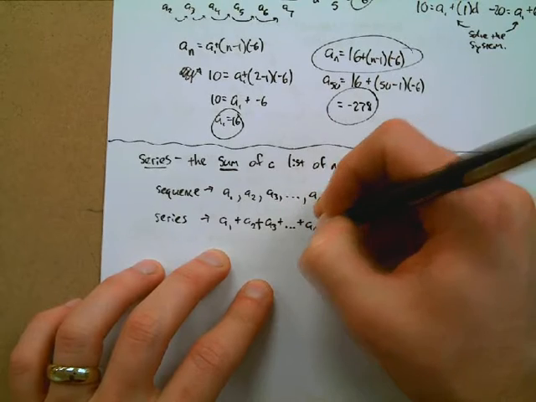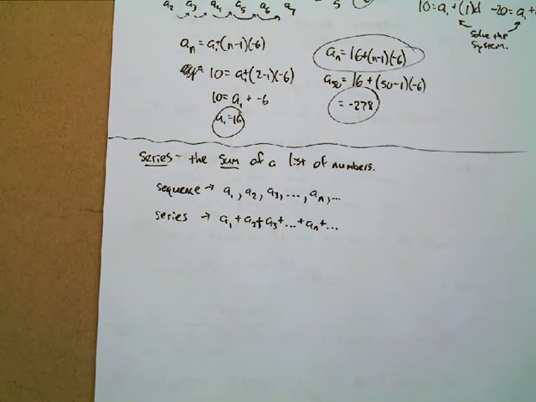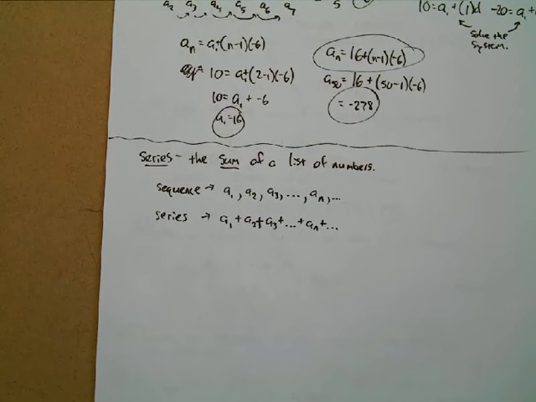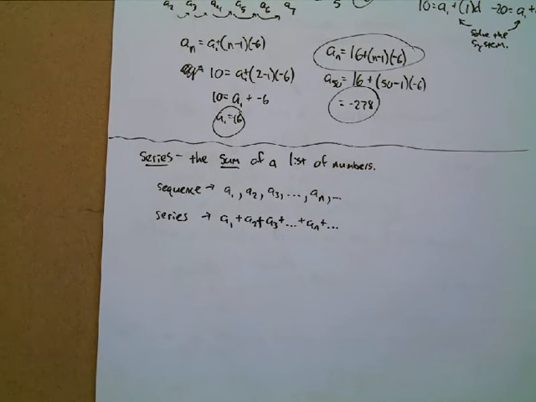Now, there's another notation that we use sometimes to show this sum, and it's called sigma notation. This right here is a series, but rather than trying to write out an infinite number of terms, we can also write this as sigma, which looks almost like a capital M on its side, a Greek letter.